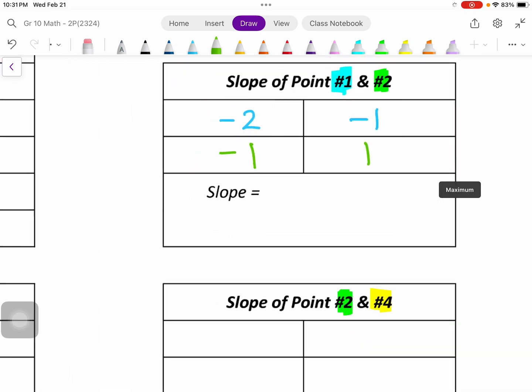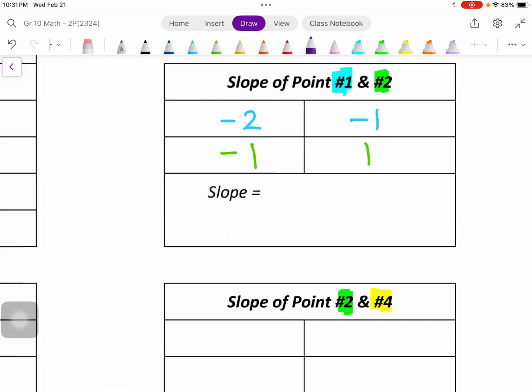So to calculate slope, slope is equal to delta y over delta x. So for my change in y, I'm going to take the second value, so the 1, and I'm going to subtract the 1 that is above that. So remember, we were doing 1 subtract negative 1.